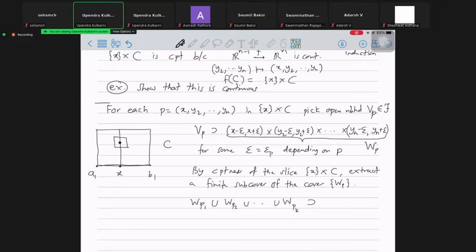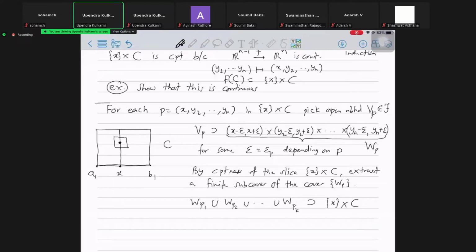Notice everything in that slice. I'm taking every single point in that slice, correct? And I'm putting around it a box W_P. So since I've taken every point in that slice, all the W_Ps will cover the slice. And remember, the slice is compact, so I get to pick a finite subcover. So this is going to contain X cross C.